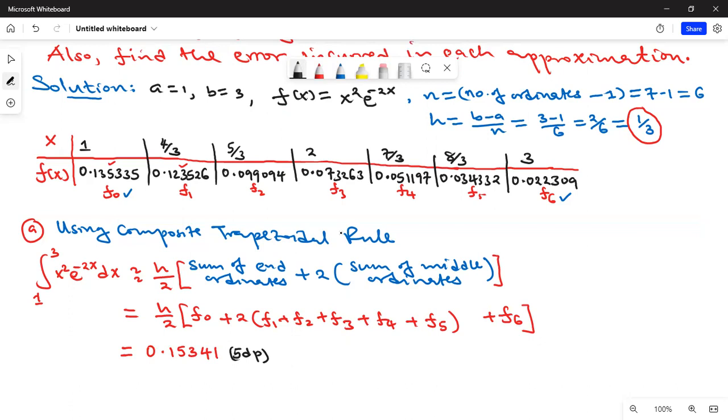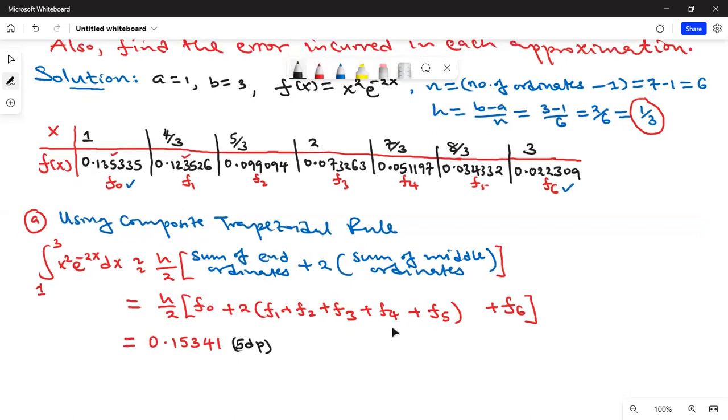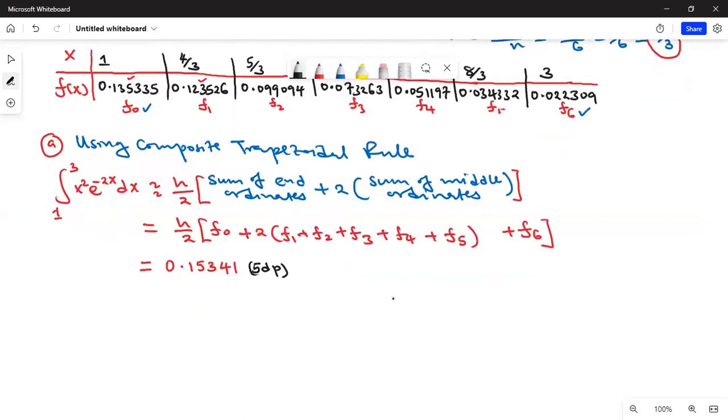Another one is Simpson's 1/3 rule. That is part B, so I'll write it here. Part B, you write using Simpson's 1/3 rule.